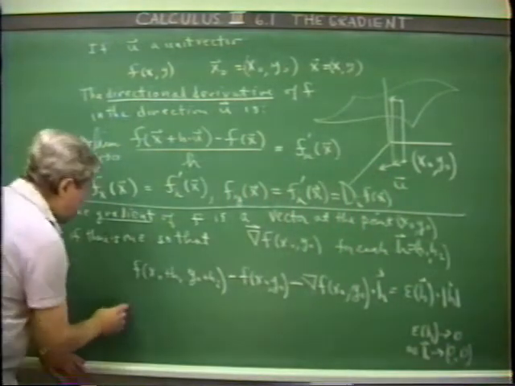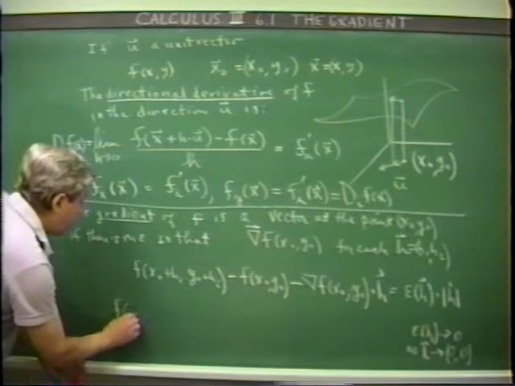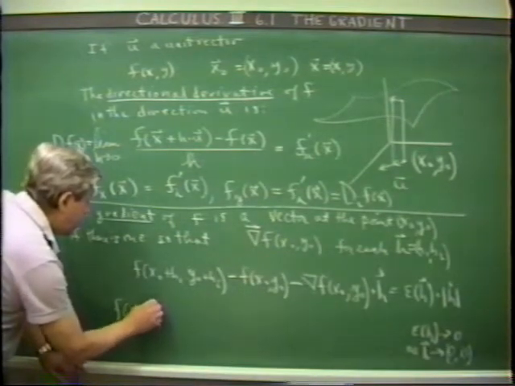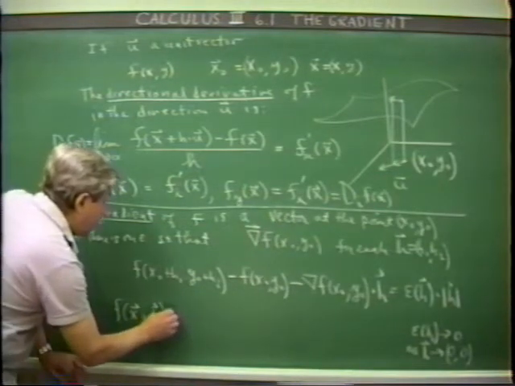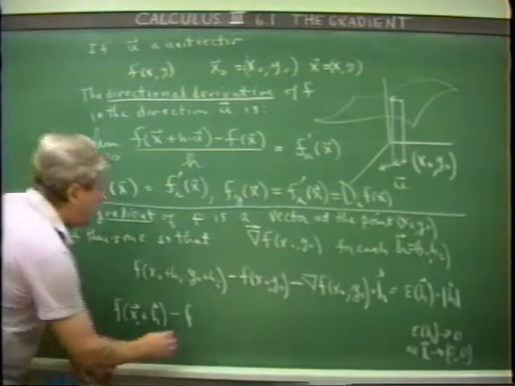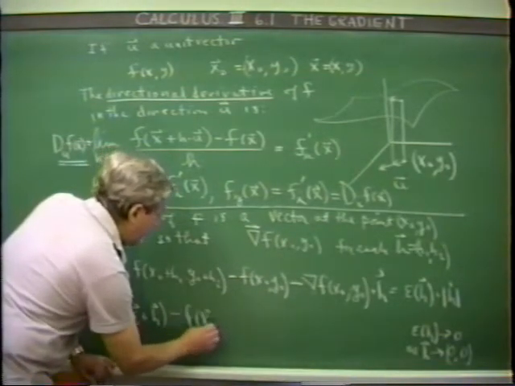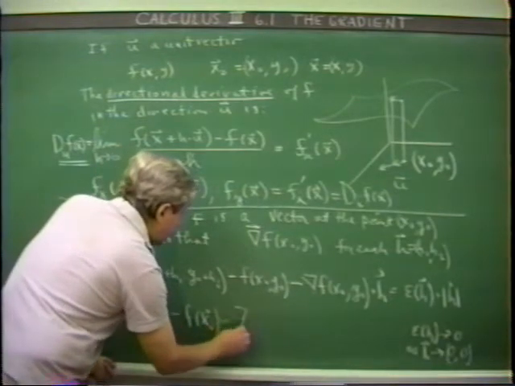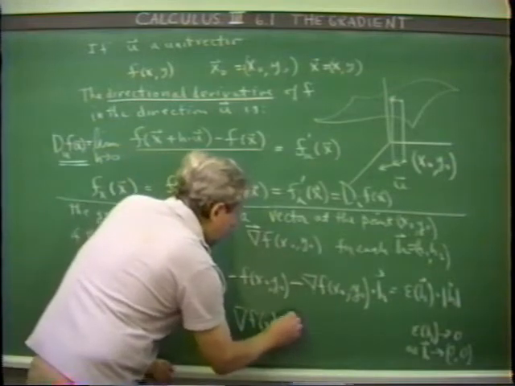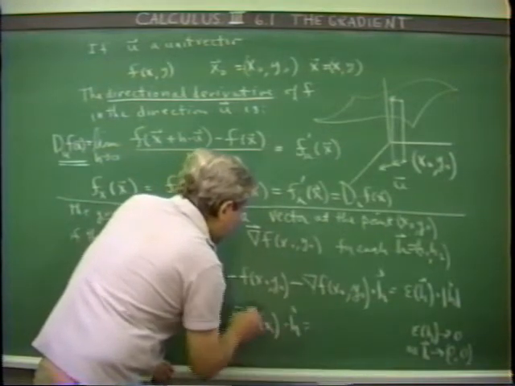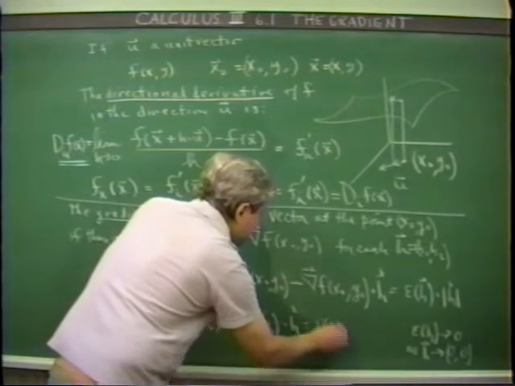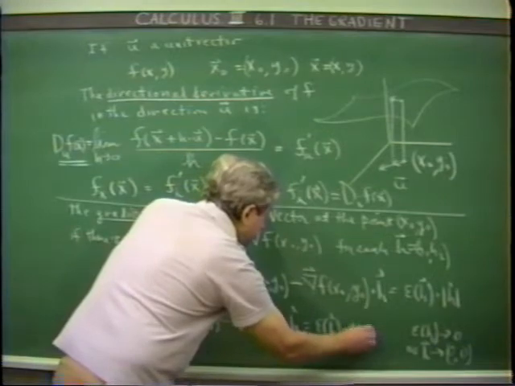Right? Or in vector notation here, this is f of the vector x plus the vector h minus, well, if we're at a specific point x dot here, minus f at the point x dot minus the gradient of f at the point dotted with h is equal to epsilon of h times the magnitude of h.